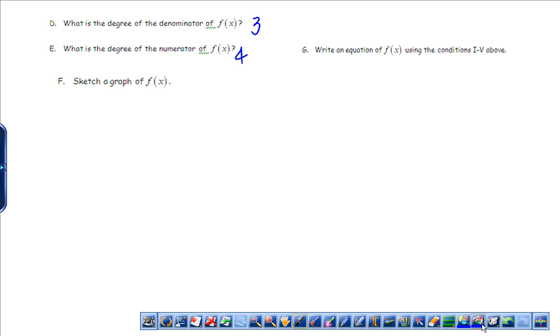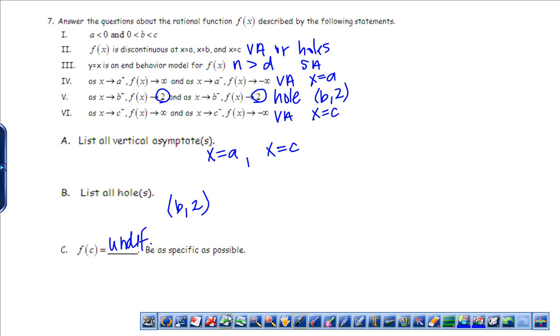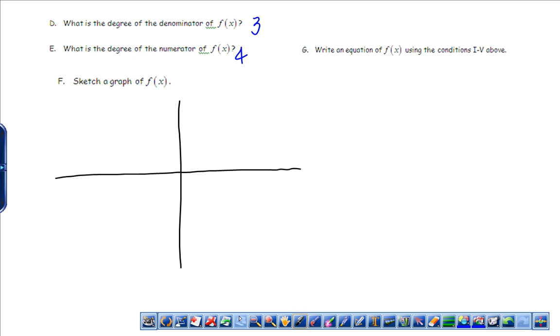Okay, it says sketch. So let's see what we can do to sketch. Here are my axes. Since our vertical asymptotes are at A and C, it says A is less than 0, and 0 is less than B, which is less than C. So I'm going to put A over here, and C is greater than B, which is greater than 0, so I'm going to put it somewhere over here.